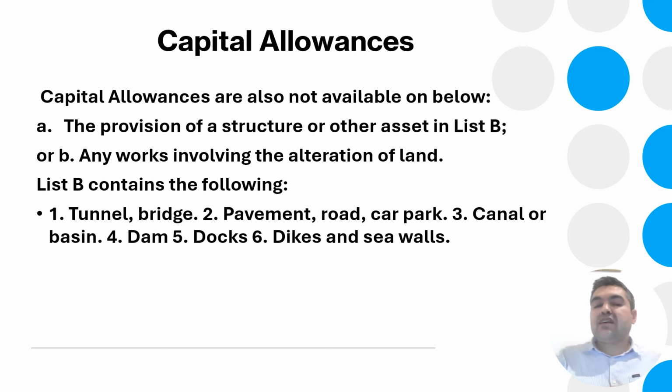So list B contains the following: tunnels, bridges, pavements, roads, car parks, canals or basins, dams, bogs, dikes, and sea walls. So if a business incurs expenses on those list B items, they cannot claim capital allowances.